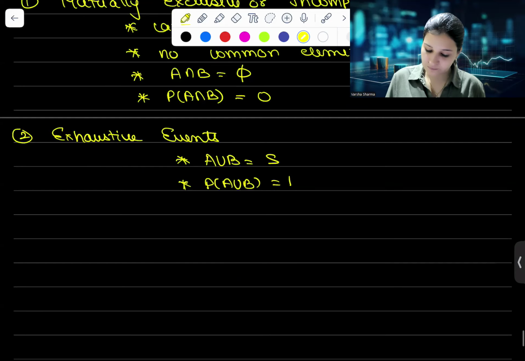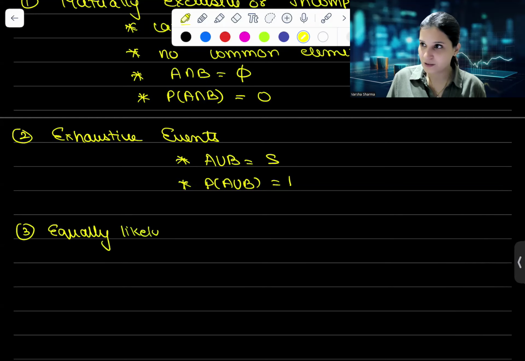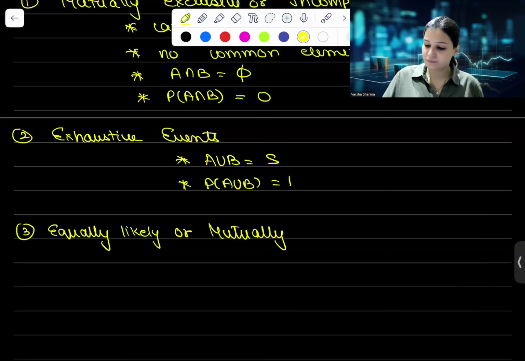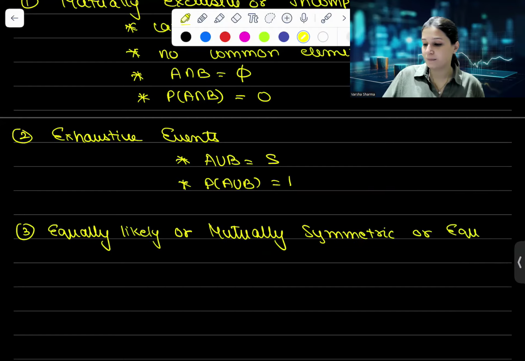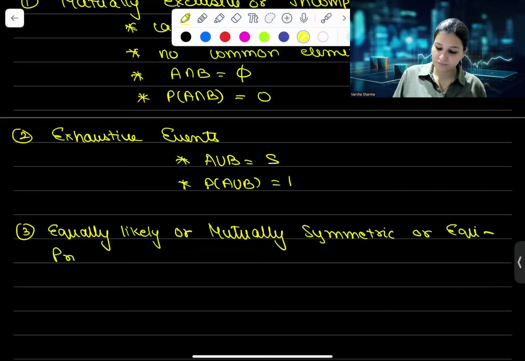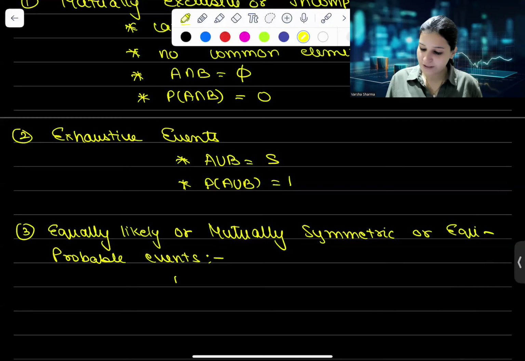Third, equally likely or mutually symmetric or equiprobable events, when their probabilities are same.